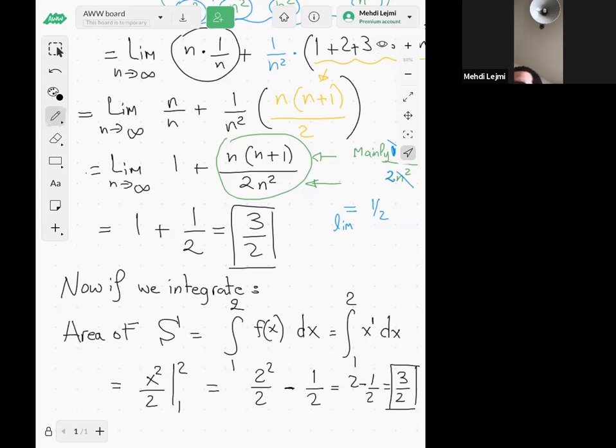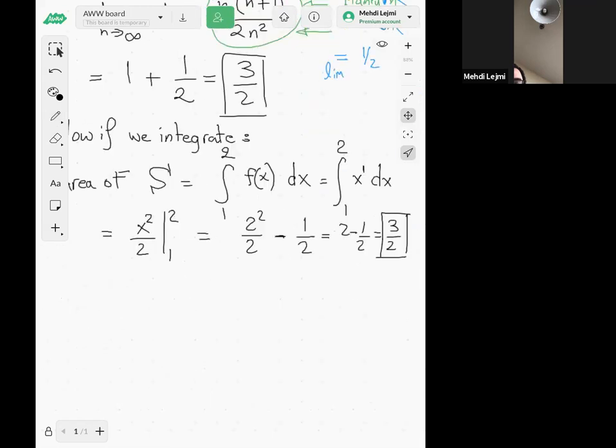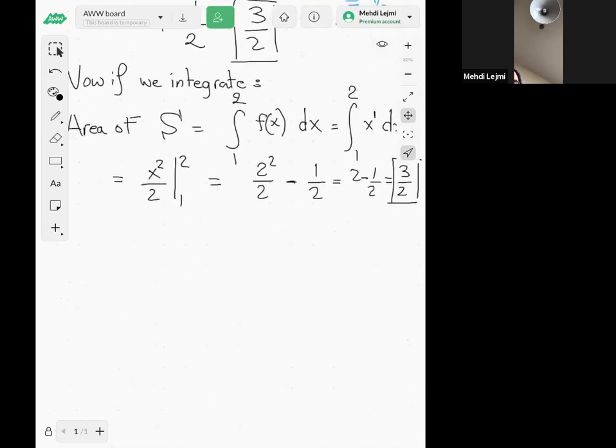So now we're gonna have functions of 2 variables. So now let's move to the double integrals. The idea is, again, the same. We're gonna try to approximate.